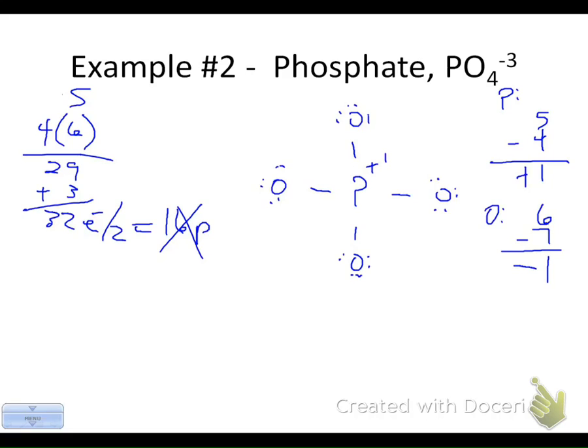Not the end of the world. Could we make it better? The answer to that is yes. I can take a lone pair here, and I can turn that into a double bond. And let's see how the formal charge would change if my structure became a double bond oxygen.